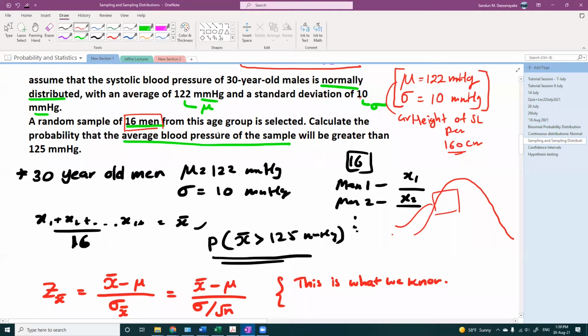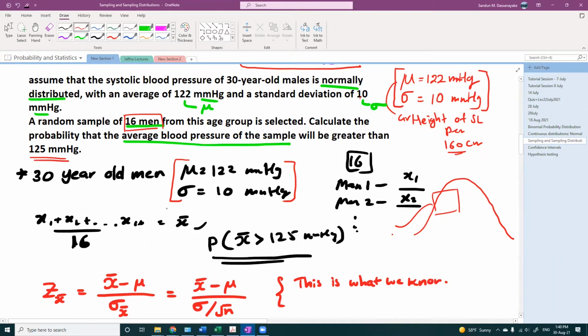Now the question is, what is the probability that the average blood pressure of the sample will be greater than 125 mmHg? How do we know that? First of all, we have 30-year-old men with mu and sigma of 122 and 10 mmHg. And we have 16 men with us.